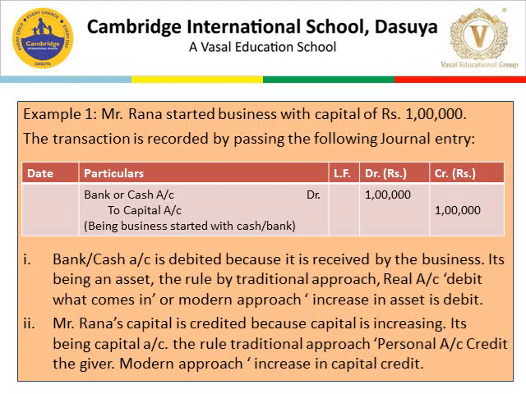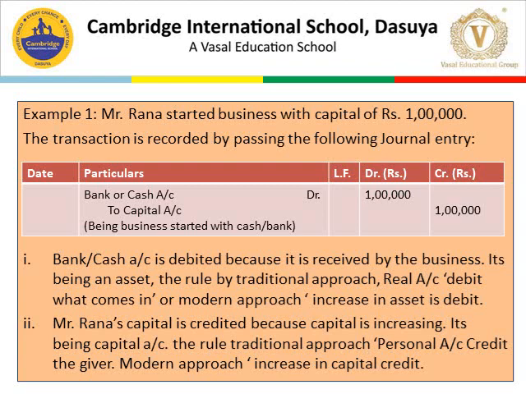Now second point, Mr. Rana's capital is credited because capital is increasing. Now capital is increasing, it is being a capital account. The rule for traditional approach, capital is related to person, that is owner is investing, so personal account rule is applicable. So credit the giver.